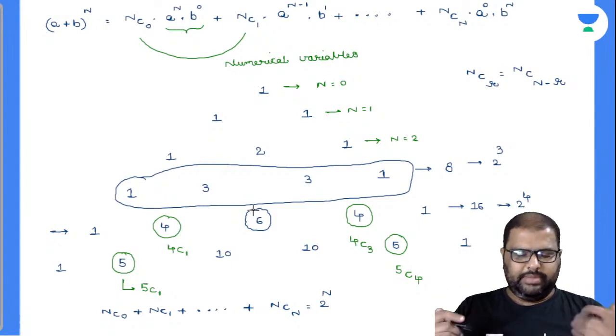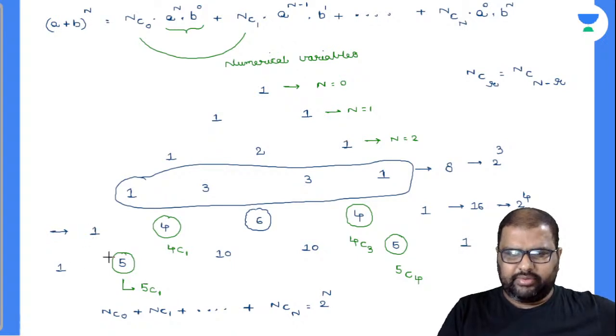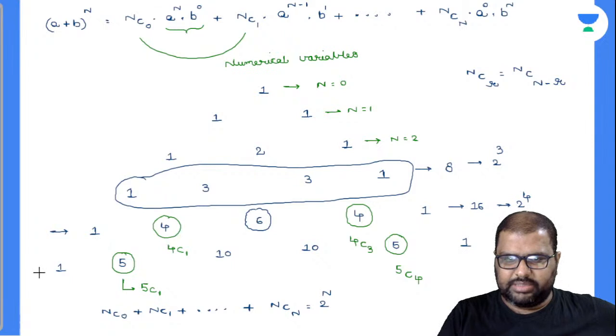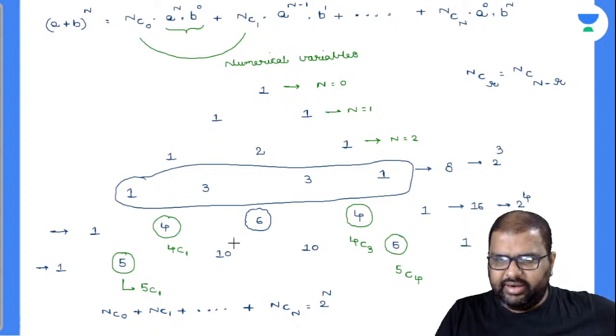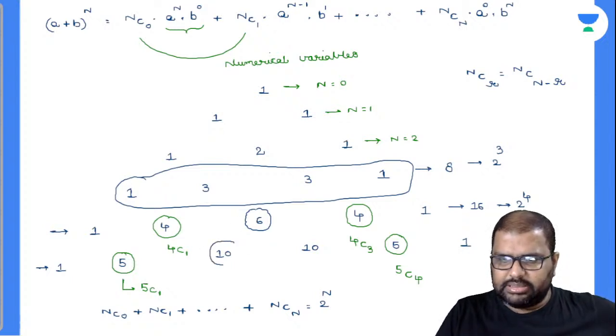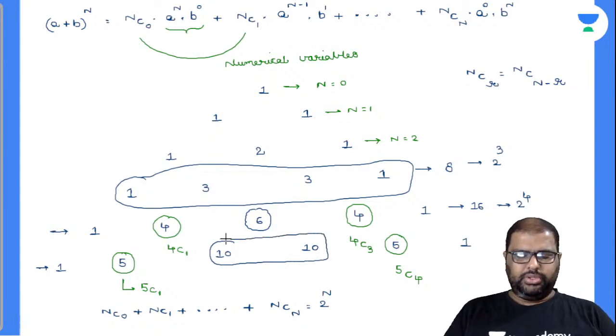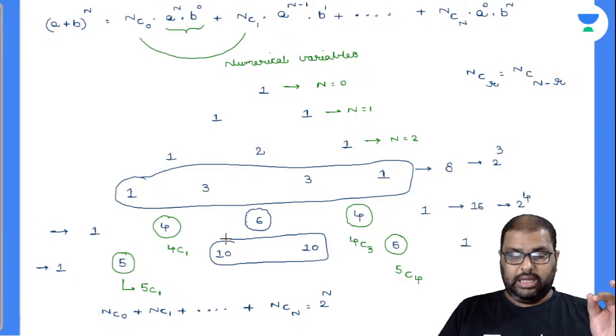Similarly, there are odd terms here, 1, 2, 3, 4, 5, so you can divide it equally. If there are even terms, let's suppose take the next row, 1, 2, 3, 4, 5, 6 are there. If you divide it equally, the middlemost numbers are these, and these are your largest terms. I hope you're clear.